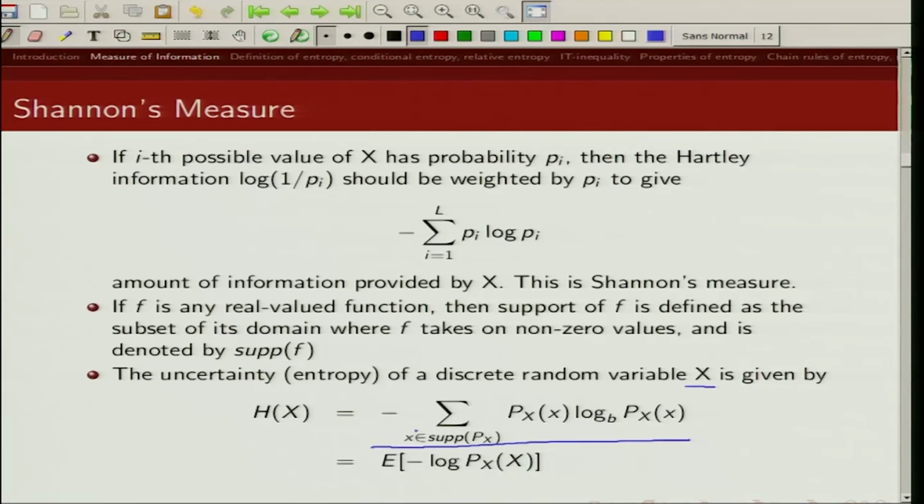So we define this as minus sum of p(x) log p(x) over the support set of p(x). This is because log of p(x) is defined only for values of p(x) greater than 0. So we can define the entropy, or the uncertainty associated with the random variable, as the expected value of minus log of p(x).